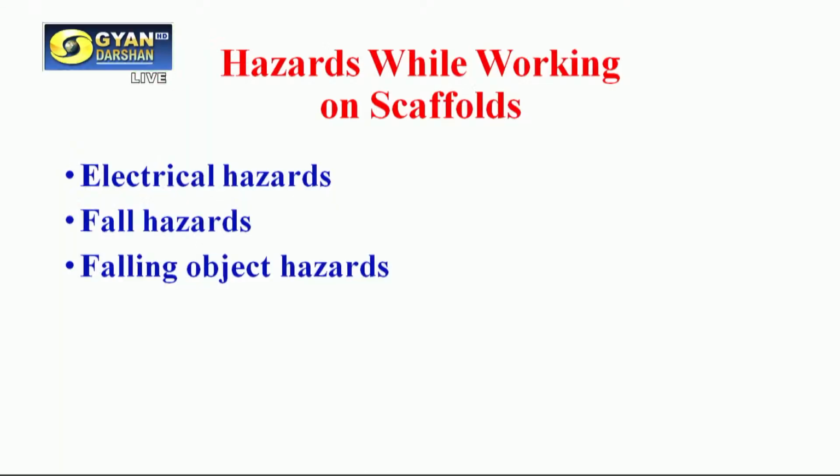Electrical hazard means whenever your scaffold is near some overhead electrical lines, there may be a chance of electrocution to the workers. Then second is fall hazard. If proper guardrails and toe boards are not provided, the fall hazard is very important.